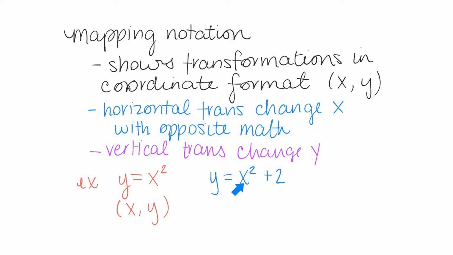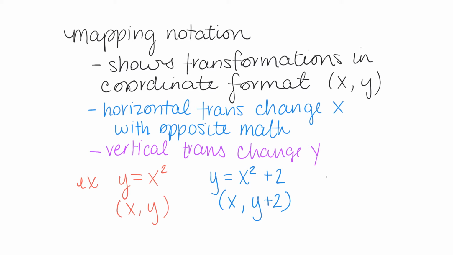If you drew this parabola, it's going up 2. It's not moving left or right. So all that's impacted are the y's. We would write this mapping notation as x comma y plus 2. All it's telling you is that all of your existing y coordinates are going to move up 2, and you just leave your x's alone.